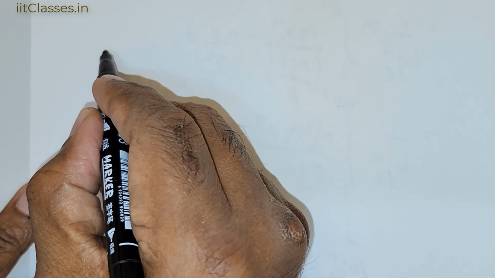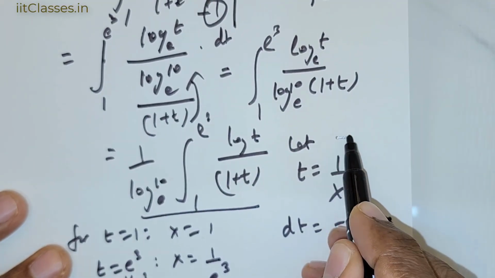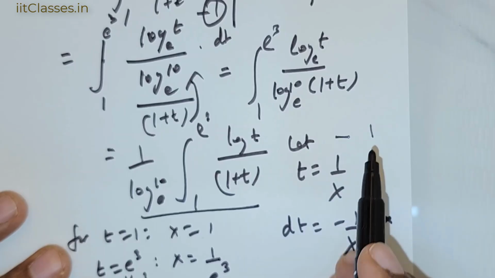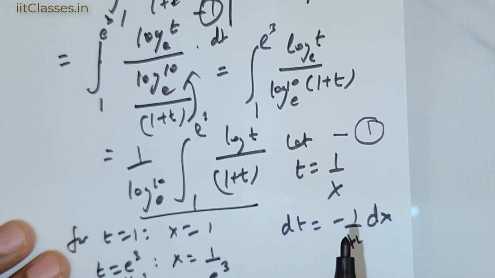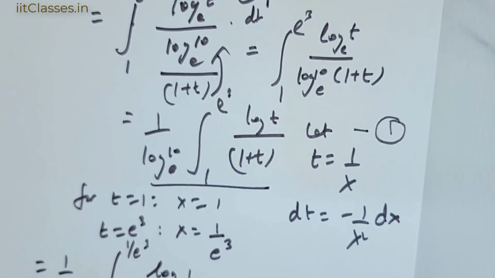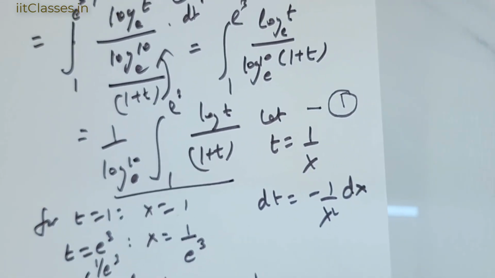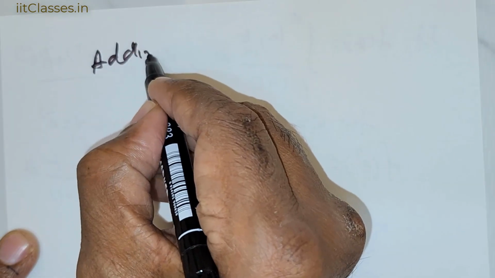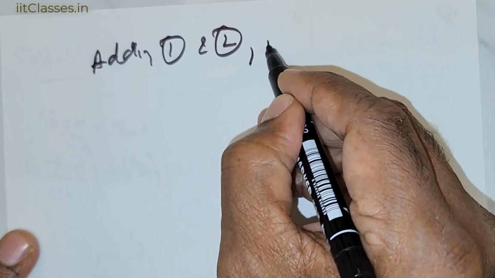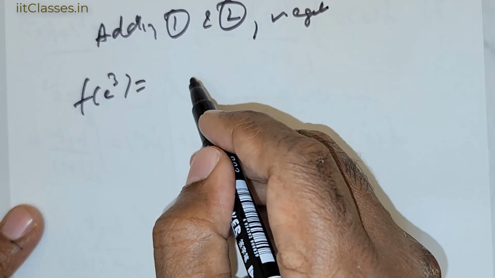Now we know that f of e, let me use this term like this. Let me take this as, say, sum. We took the previous one as 2, so this is going to be sum 1. So adding 1 and 2, we get f of e cubed is equal to, let me write the system down.